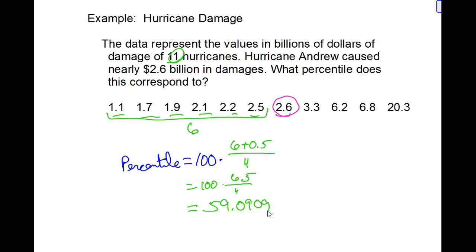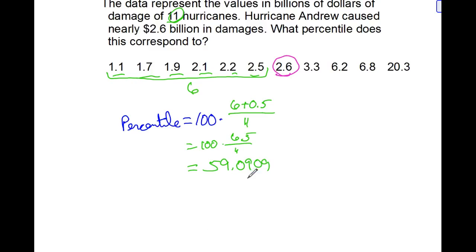And I want to round to the nearest whole number. And remember, I do this rounding normally. So this one becomes the 59th percentile. So Hurricane Andrew corresponds to the 59th percentile. That means that 59% of the data is less than 2.6 billion, and 41% is more than the 2.6 billion.